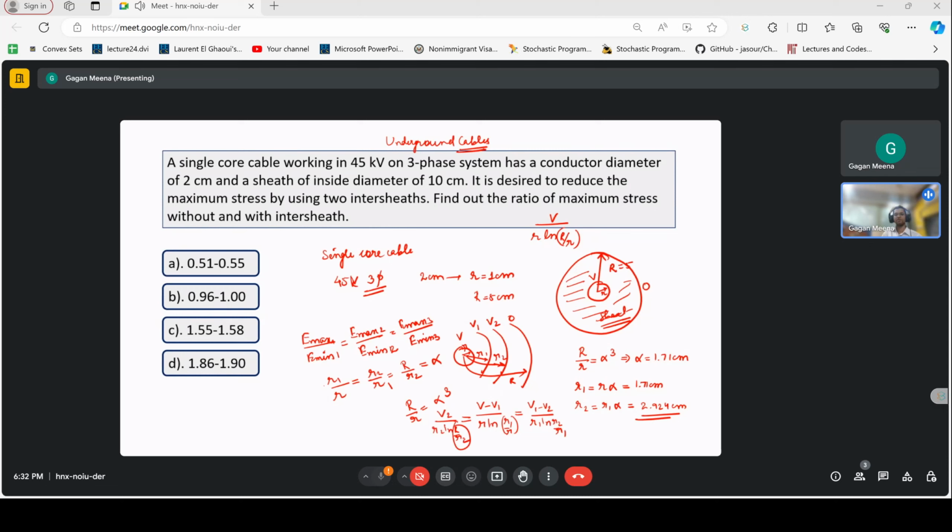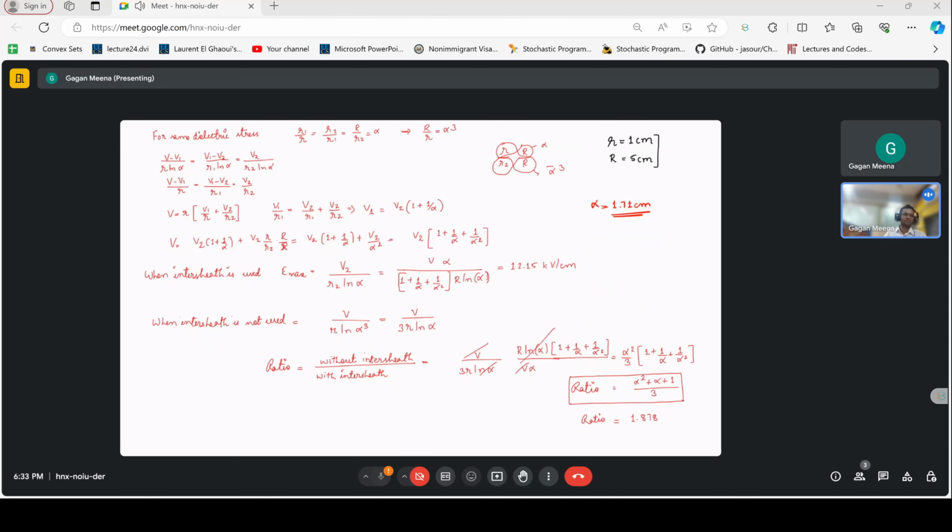So from there we can also find out the Emax, because voltage is already given, it is 45 kV. So we can find out the maximum stress also. So here we want to find out the ratio, right?